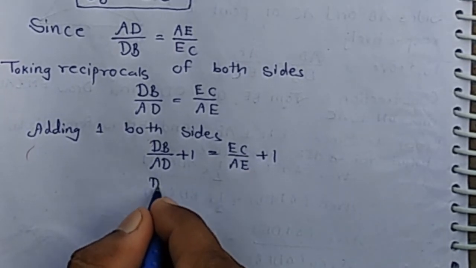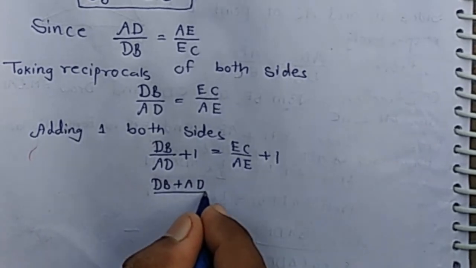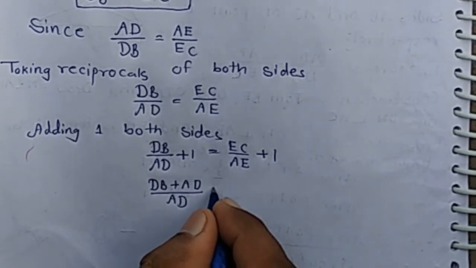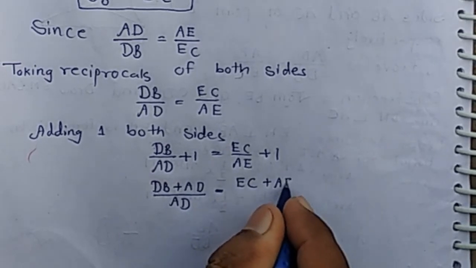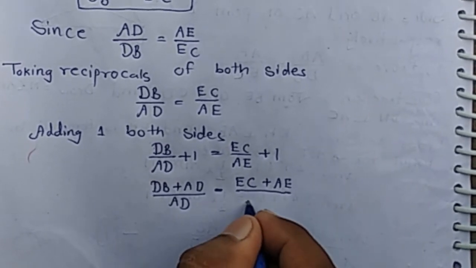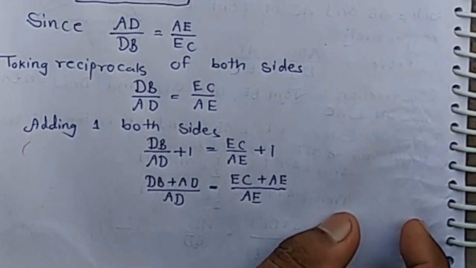We have DB plus AD by AD equal to EC plus AE by AE.